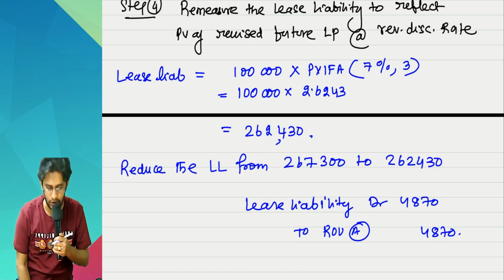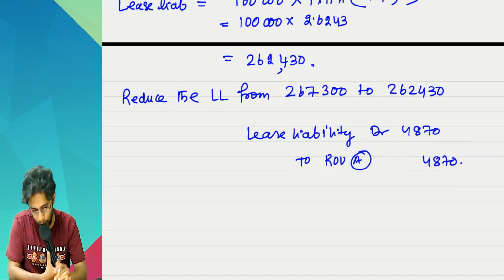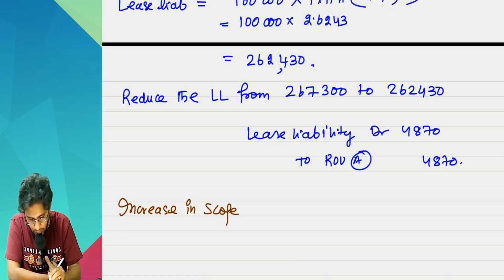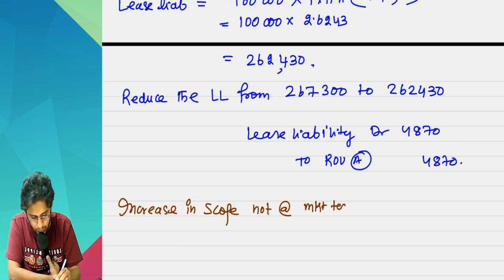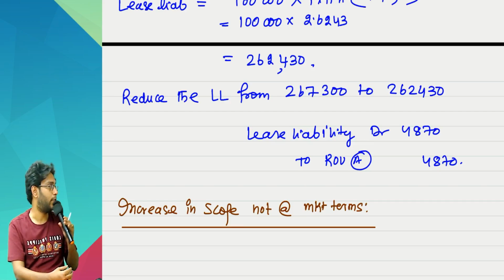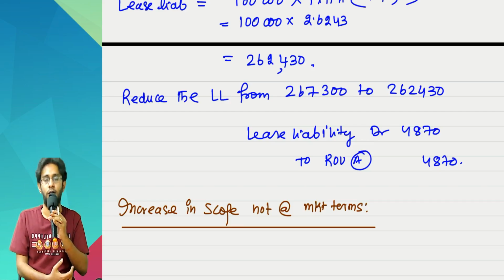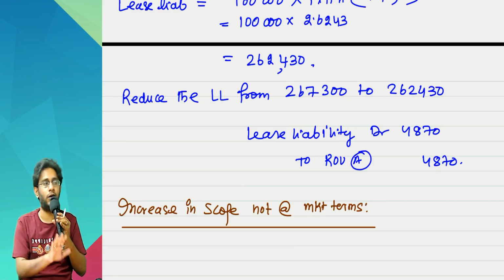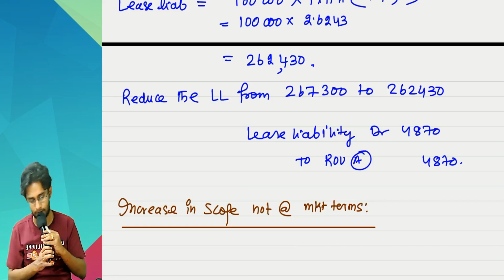Chalo, sir. The sum is over. No, there is one more thing. What is that? Increase in scope, not at market terms. Sir, where there is an increase in the scope, not at market terms, all you have to do is remeasure the lease liability and correspondingly adjust it to the ROU asset. That's it.